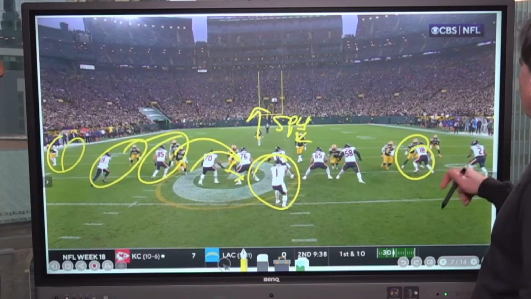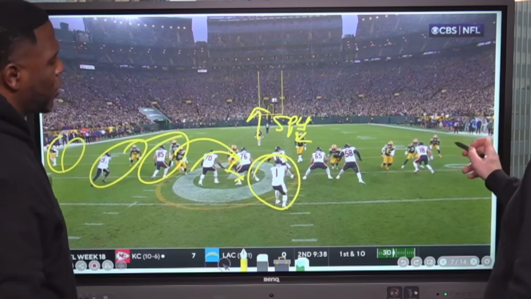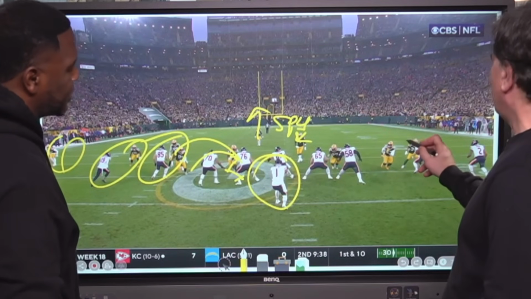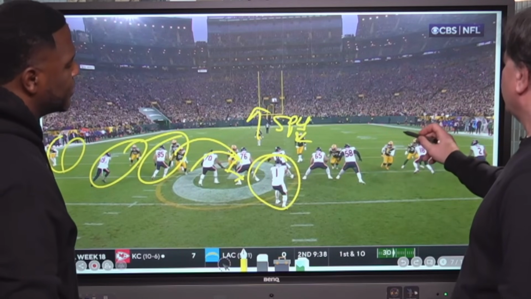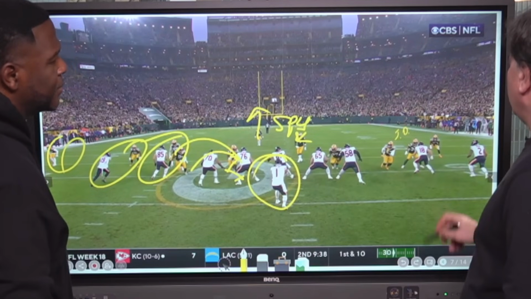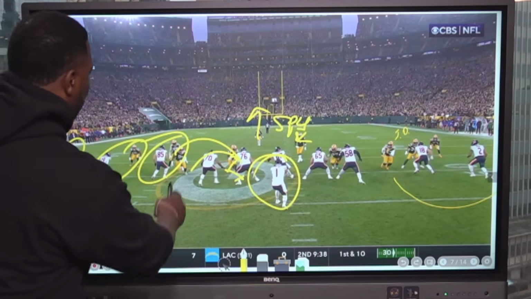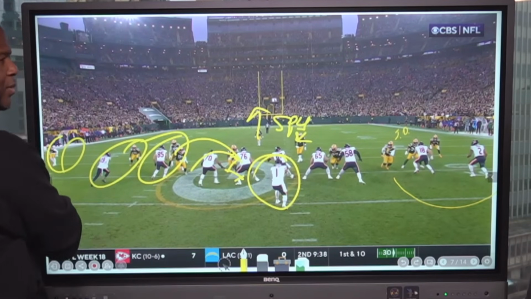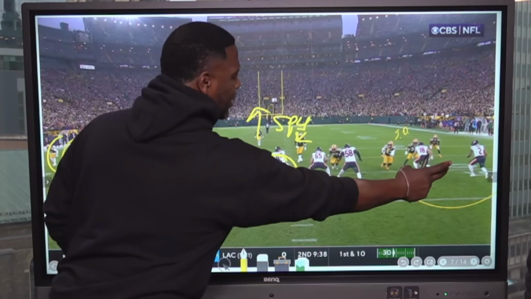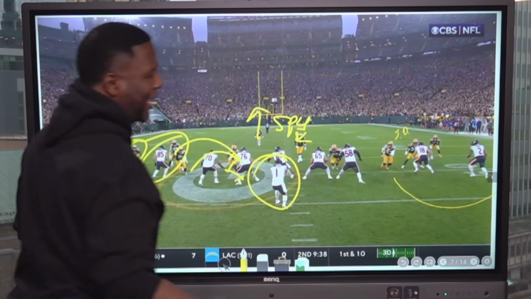Right. Now, let's talk about over here, because you pointed out to me, I mentioned to you that Jonathan Owens made a little signal here before the play. Yes. And so what's going on here with these two guys? Well, notice the splits over here are normal. Over here are short. So there's no back in the backfield, so he's not short split to block.